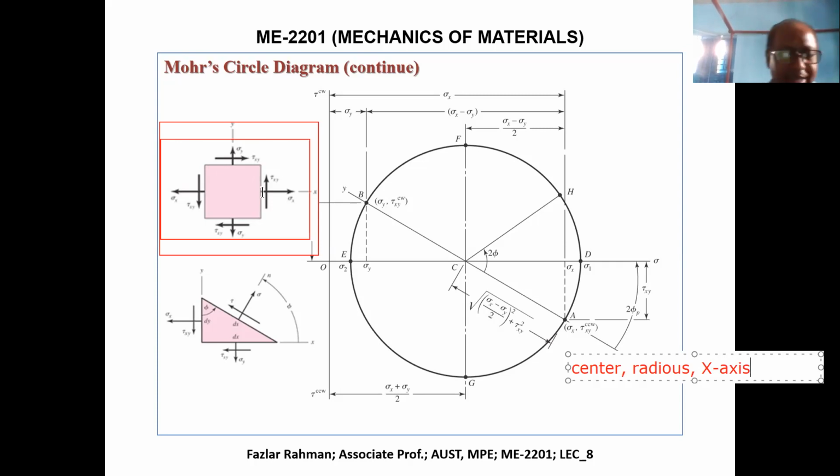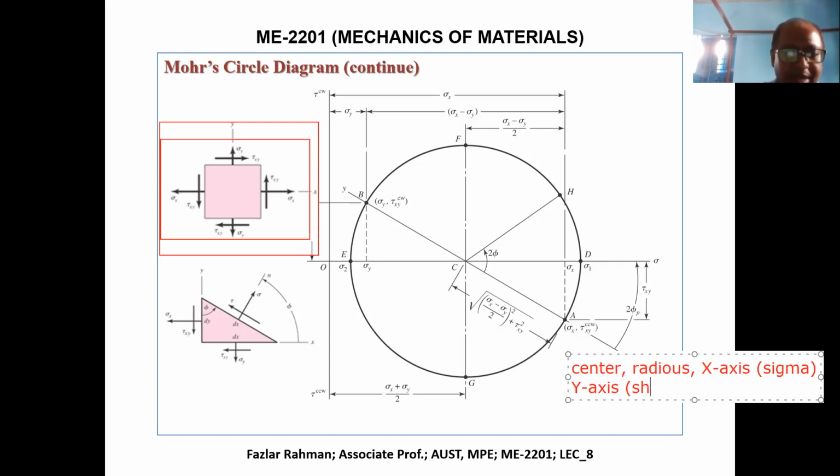So along the x-axis, we will put sigma. If sigma is negative, it will go along the negative x-axis. If positive, it will go along the positive x-axis. Positive means tension. And along the y-axis, we will put shear stress.